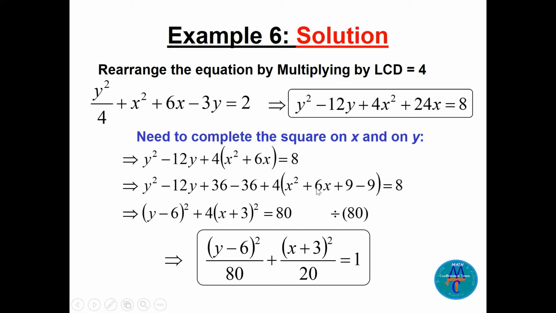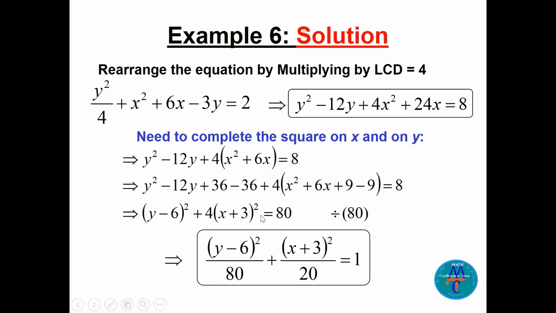Inside here, 6 divided by 2 is 3, you square it, you add 9, subtract 9. Now the first 3 terms become a perfect square, y minus 6 squared, and this one here, 4 times inside, we have x plus 3 squared, and then 4 times minus 9 is minus 36. And here we have minus 36. On the other side, minus 72 plus 8 is 80.